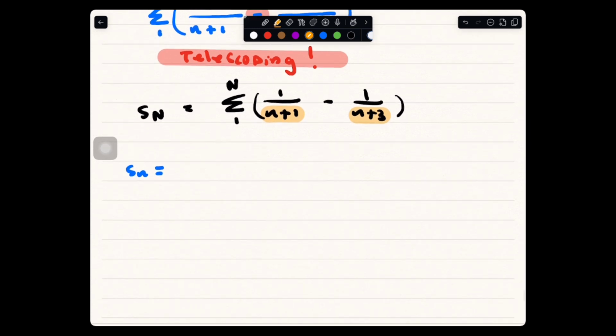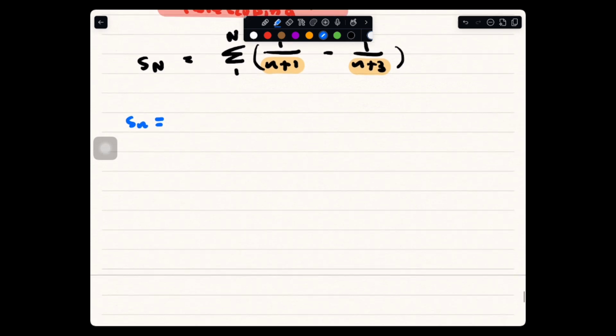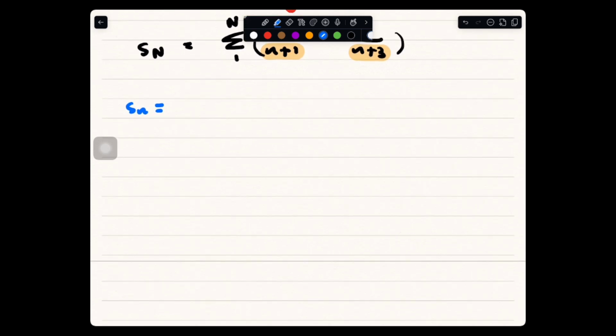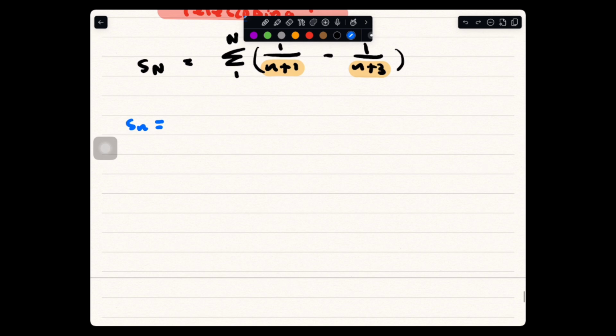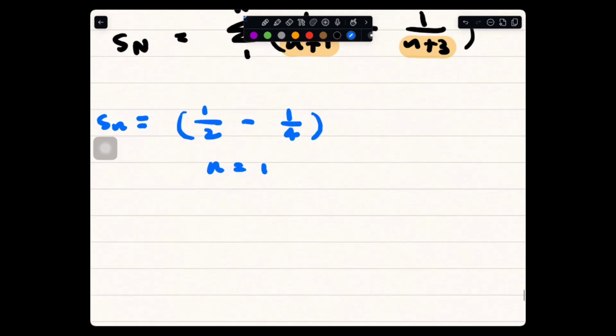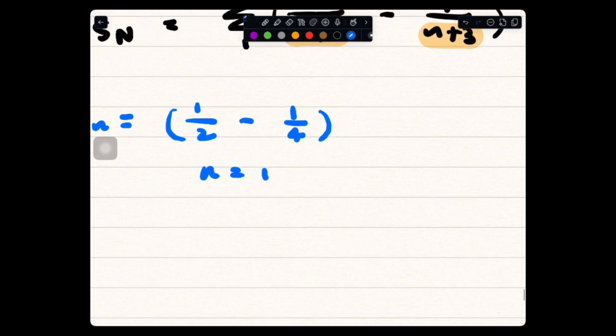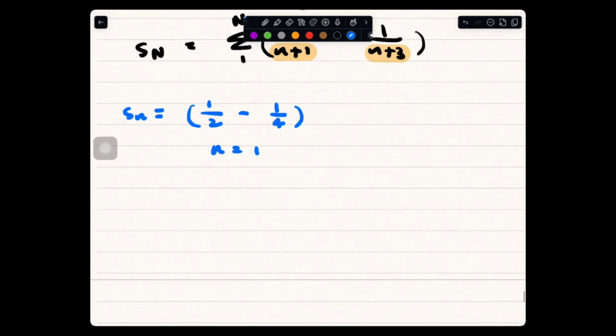So, okay, let's see what that looks like for us, right? As we start to look at the terms, notice we're going to start with n as 1 here. What do we get when n is 1? Isn't that 1/2 minus what? 1/4. You see my point? You've got 1/2 and 1/4 now. They're not like prior terms.